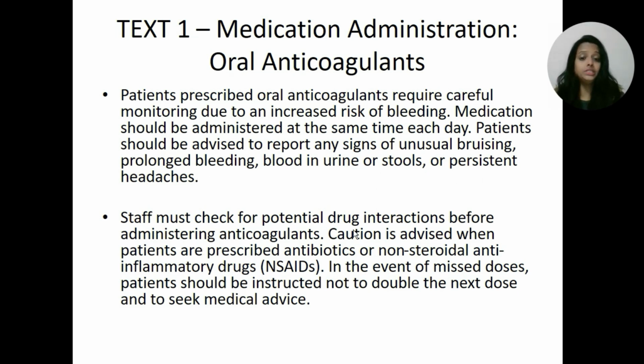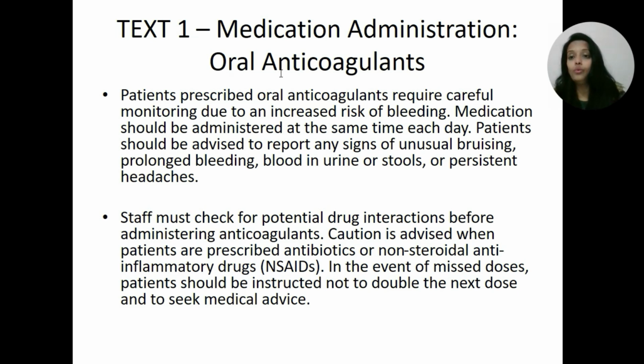Staff must check for potential drug interactions before administering anticoagulants. Caution is advised when patients are prescribed antibiotics or non-steroidal anti-inflammatory drugs. In the event of missed doses, patients should be instructed not to double the next dose and to seek medical advice. So if you want, you can just pause the video, read it by yourself and understand.